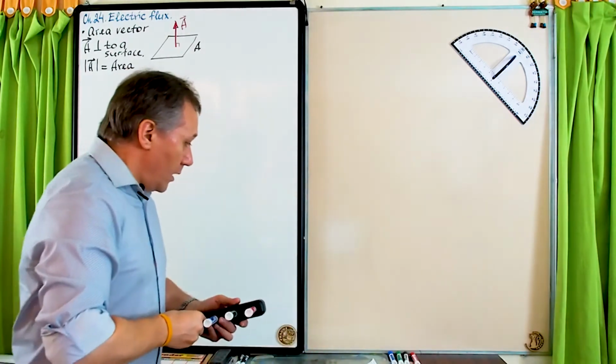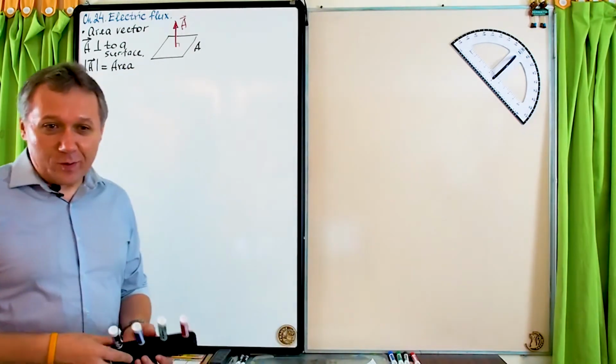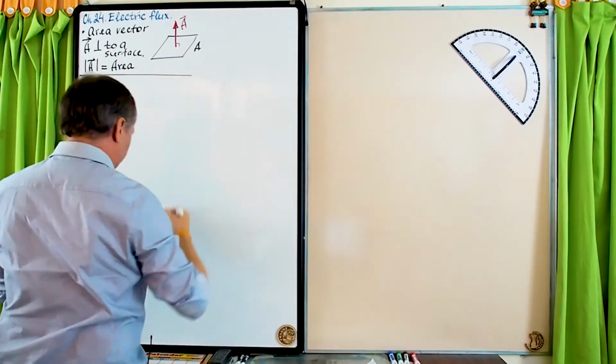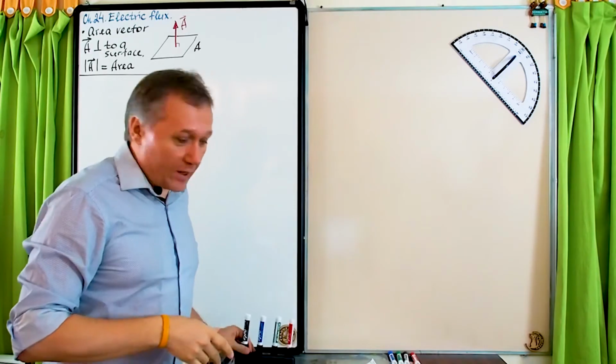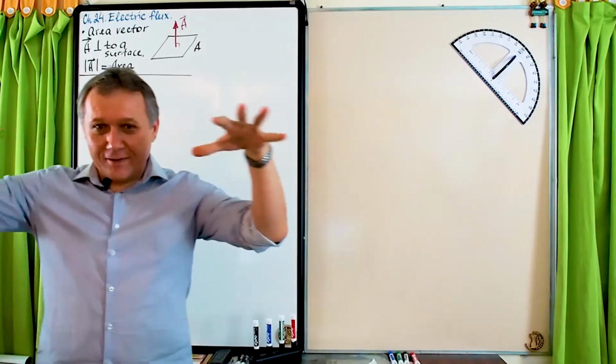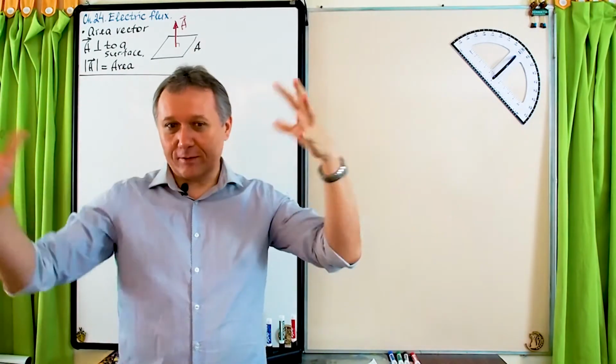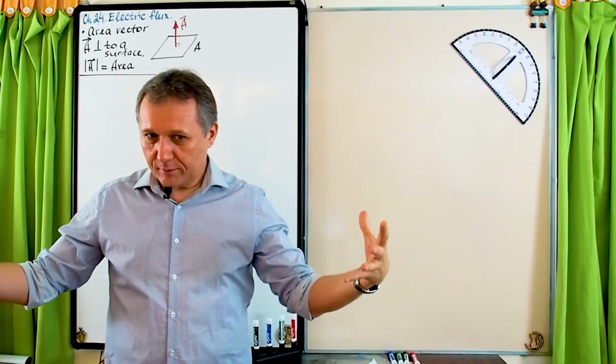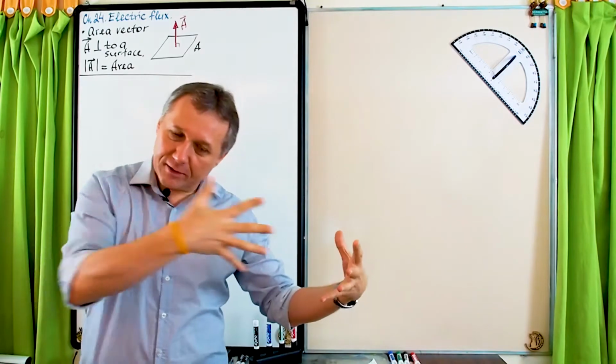Okay, and after this, we can introduce the electric flux. So let's imagine that, for example, we have a field, some electric field. So a bunch of electric field lines we can draw.